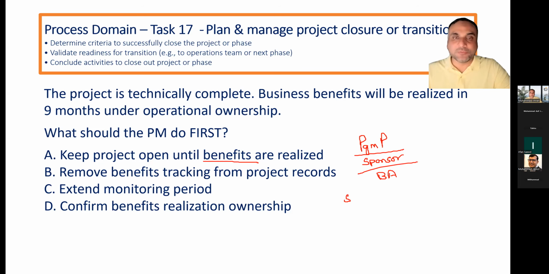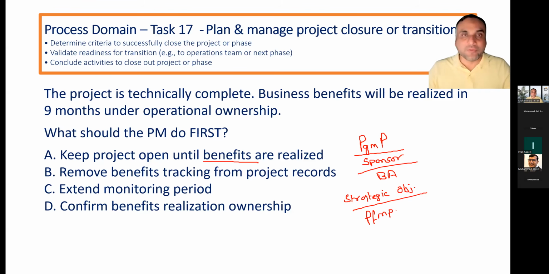When you see the word strategic objective, what should come to your mind? Exactly, portfolio. So words have value and they should be appropriate. When you're discussing project management, please use the same words. Otherwise, your answer will be vague and you will select an answer which is not relevant. Great. That was the end of task 17 as well as the end of the process domain. Thank you very much for being so consistent.